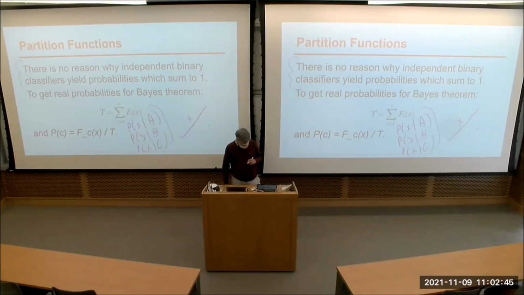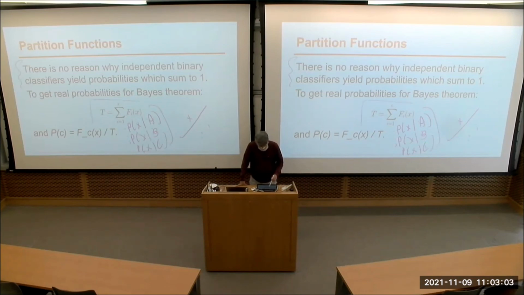If you want to turn them into real probabilities that sum to one, you've got to do some kind of normalization.